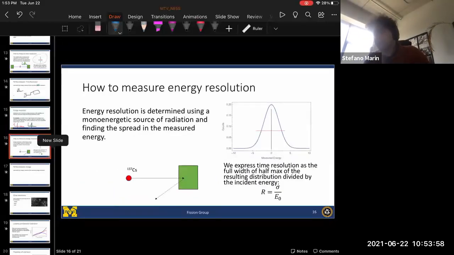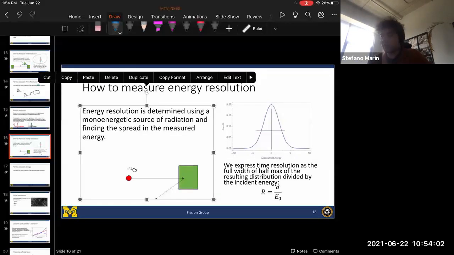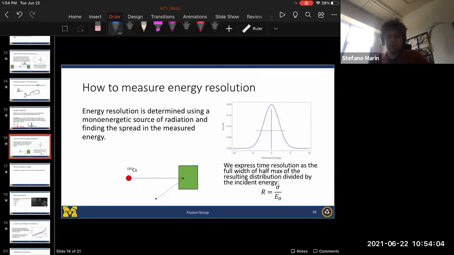Now, in the same way that the time resolution was expressed, we can also express the energy resolution as a spread of a Gaussian. So it's the spread of the data when the data is the same every time.